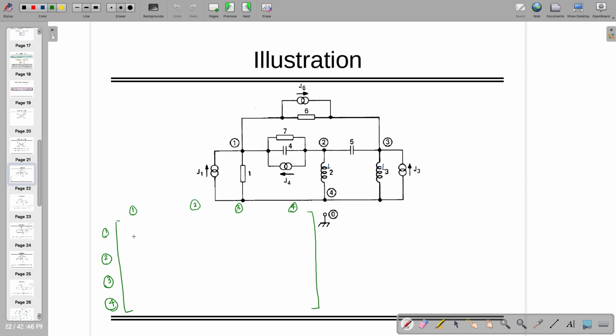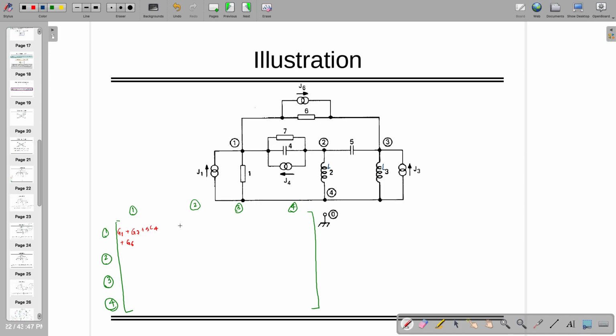Now, can you tell me what will be the entry 1 to 1? G1 plus G7 plus SC4. Done. Okay. So what about the second, Y12?